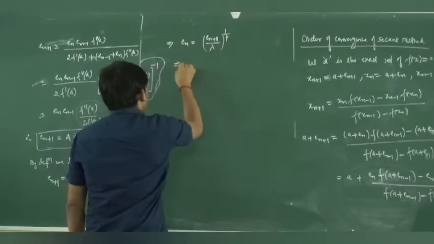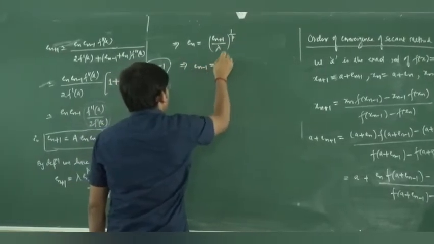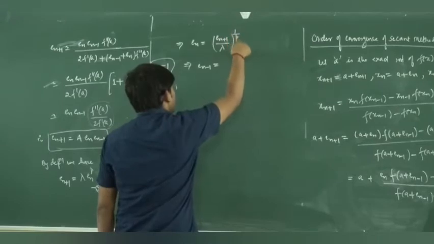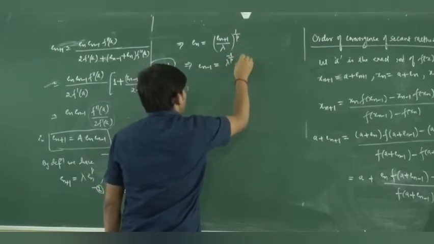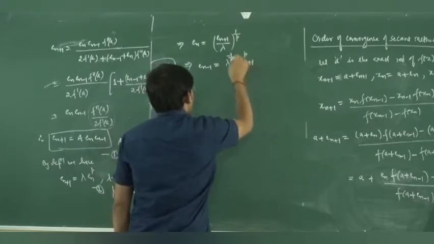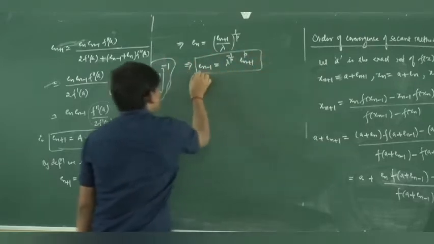Now again, your value of En minus 1 will be equal to, take this lambda power 1 by p in the numerator, so we will have lambda power 1 minus p and into En plus 1 power p. So this is the value of En minus 1.